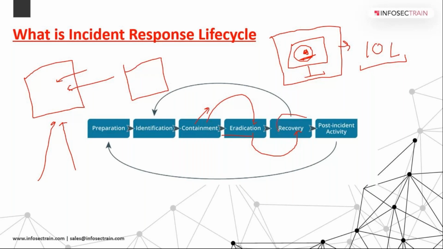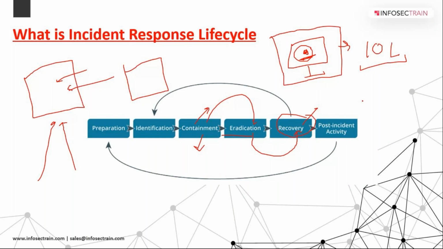The machine which was infected, you have removed its viruses, and now you are making sure that it is in a healthy state, is being utilized, and is part of the organization. Like in containment, you detach a particular machine. In recovery, you attach it back to the system, but make sure that it is now in a healthy state and has not been infected.